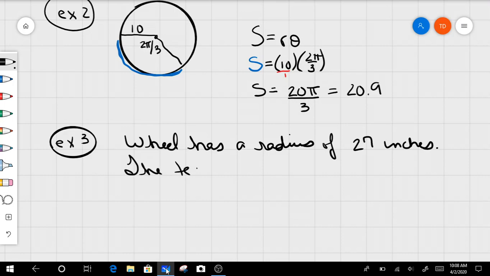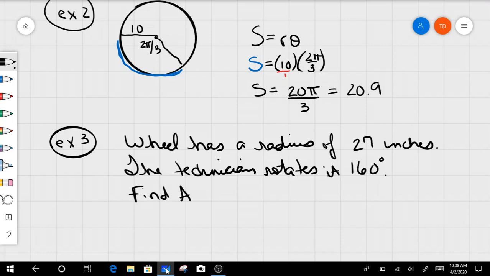If the technician rotates that tire or that wheel 160 degrees, if he were tracking the distance that, say, a nail that was stuck in the tire traveled around the circle as he rotated it 160 degrees, then how far did that nail travel?